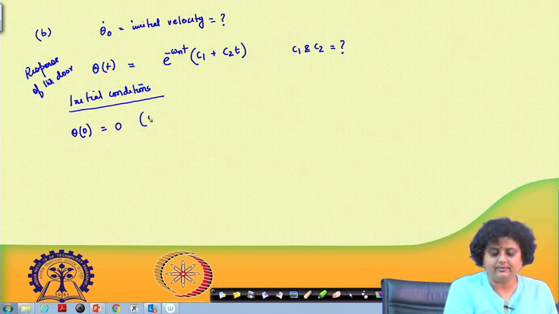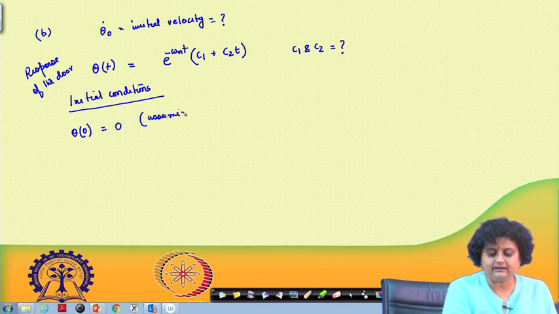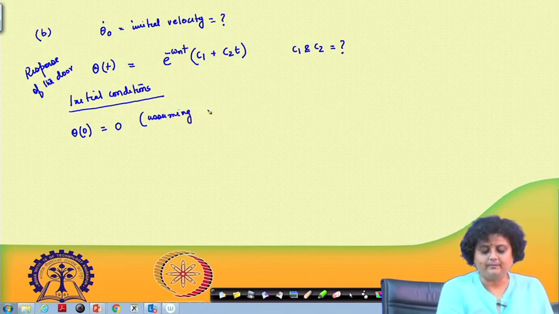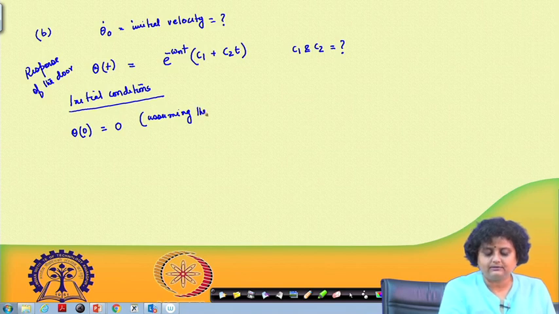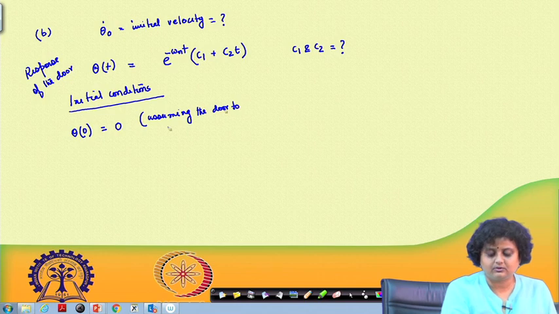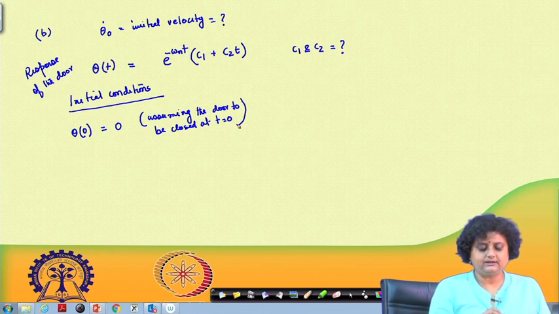We are assuming that the door is closed, right. That is why the man is pushing the door to open it. So, assuming the door to be closed at t equals 0, this is my initial condition 1.